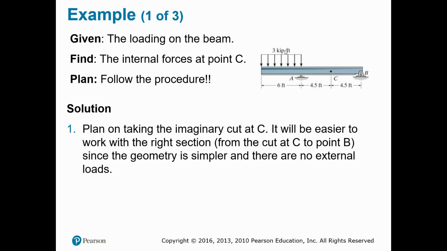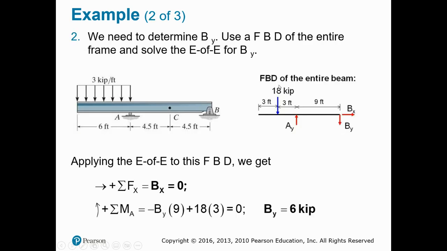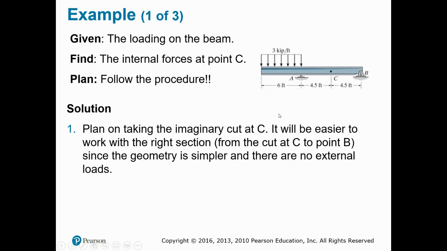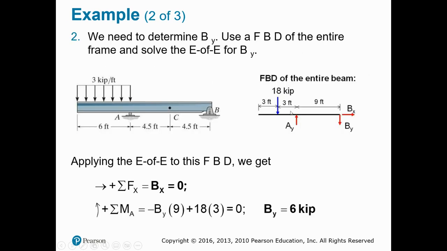The magnitude will be the area, which is 3 kips per foot multiplied by the distance over which it's applied, 6 feet. So 3 times 6 gives me 18. So 18 kip is the magnitude, and it will be right in the middle of the 6 feet. That's where the 3 and the 3 on the left and right come from.